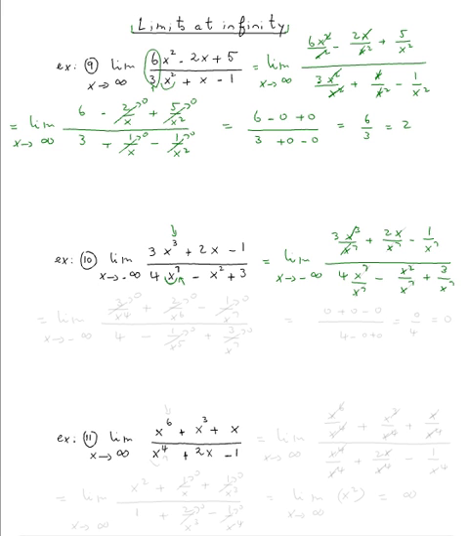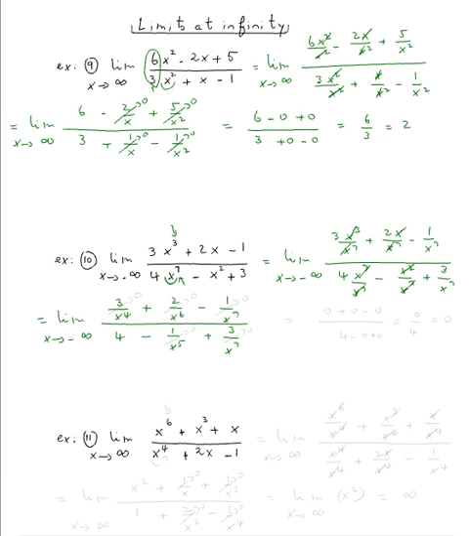So x cubed goes with x cubed, you'll have 3 over x to the 4th plus 2 over x to the 6th minus 1 over x to the 7th, everything divided by 4 minus 1 over x to the 5th plus 3 over x to the 7th as x approaches negative infinity.